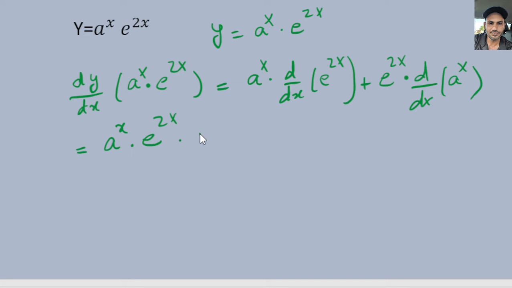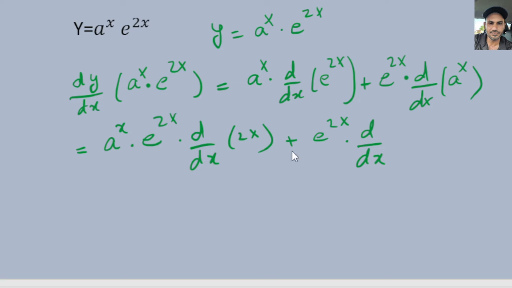So it's going to be d over dx of 2x. Okay, so basically apply the chain rule to this right here. E to the 2x is going to be just e to the 2x times the derivative of the exponential term, plus e to the 2x times the derivative of a to the x.